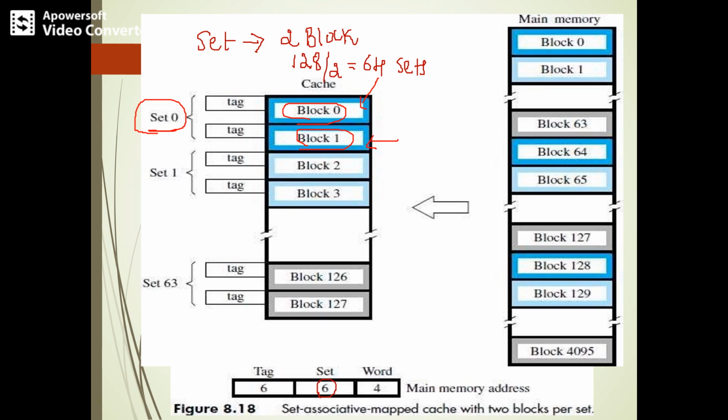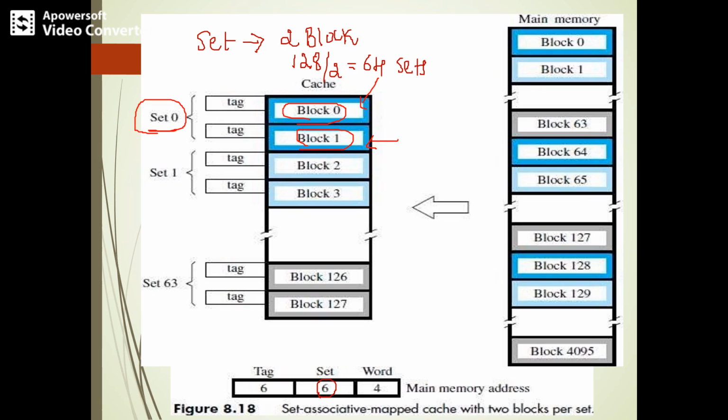So this set value, which is around 6 bits, determines which set of the cache might contain the desired block. The tag field of the address is then compared to the tag fields of the two blocks. So first the set field is compared, after that the tag fields are compared, in order to decide which particular block can be mapped into which particular block of the cache.